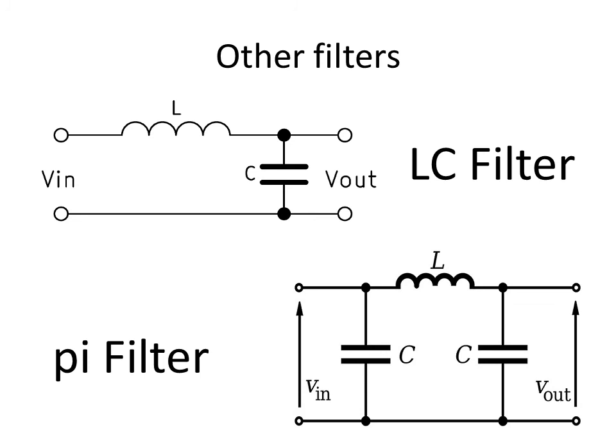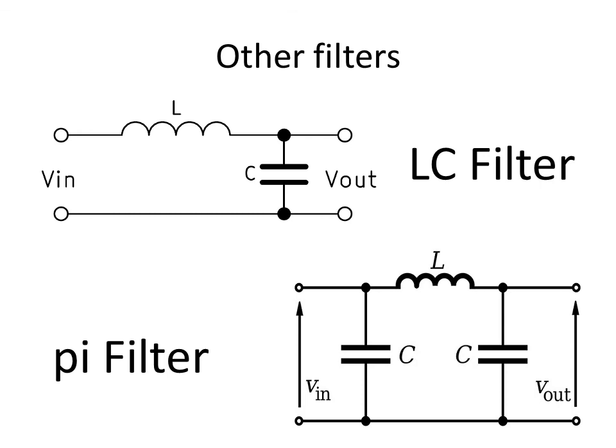Depending on the amount of AC that we have from the rectifier, we can use any number of filtering elements. You can use a combination of inductor and capacitor. The first one in this slide shows a capacitor and an inductor. The only thing you have to remember is that whenever you use a capacitor, it should be connected in parallel to the load resistance, or the source, whereas the inductor should be connected in series with the source.